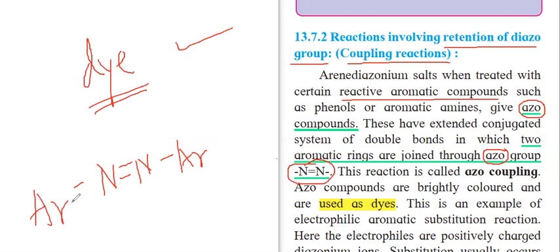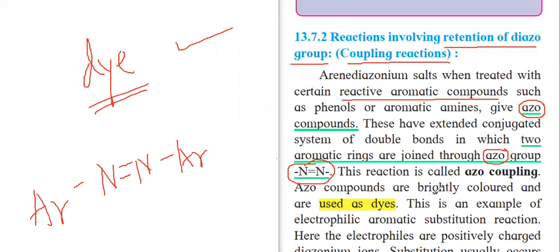Aromatic rings contain conjugation, meaning alternate double and single bonds, and here the azo double bond is also present, therefore there is a lot of conjugation or delocalization in this type of compound.